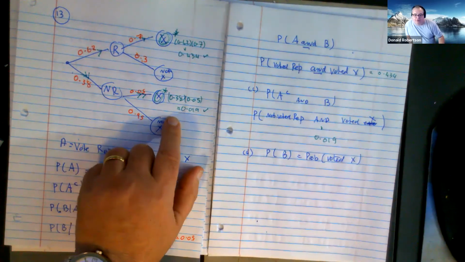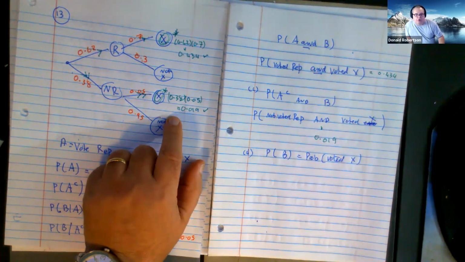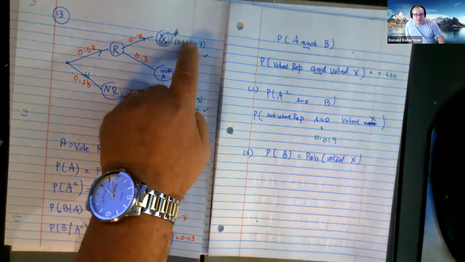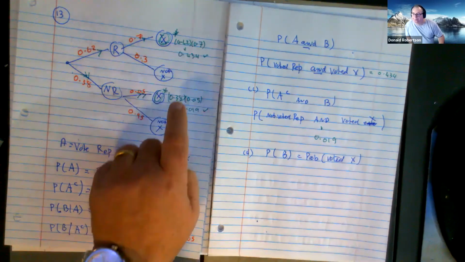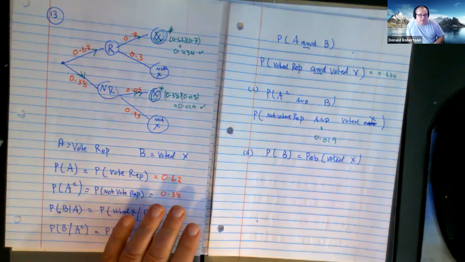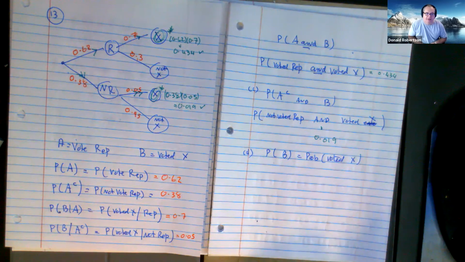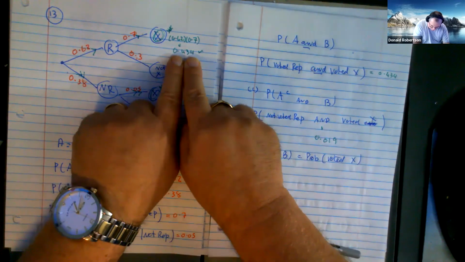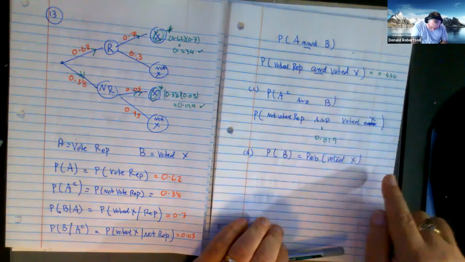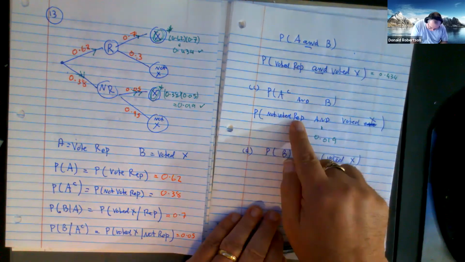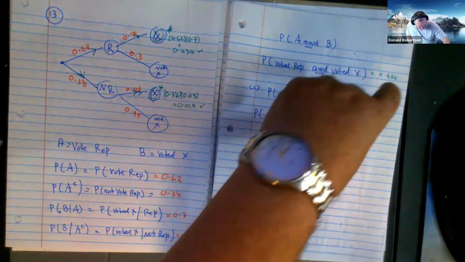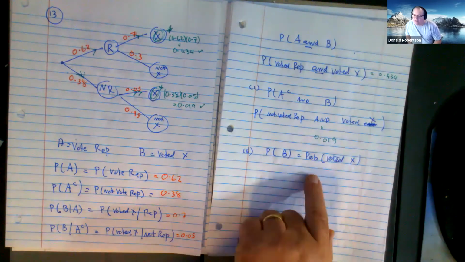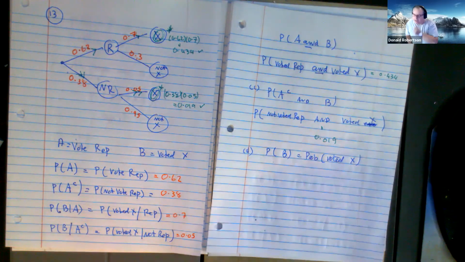So what do you think I'm going to do to get the total probability of people who voted X using these two fellas? What do you think I'm going to do? 0.7 times 0.05. Oh, we don't need to multiply any of these numbers. So I'll try that again. There's 0.434 who are Republican who voted X, and another 0.019 who are not Republicans who voted X. So how can we use these two numbers, which are basically these calculations here, to find the people who voted for X, regardless of party?